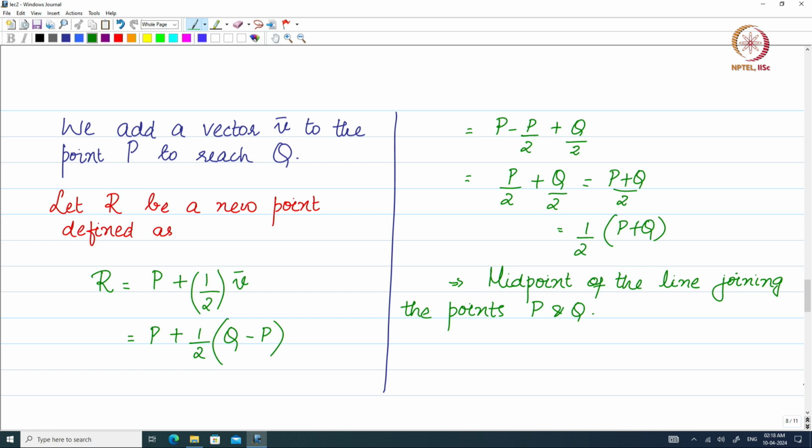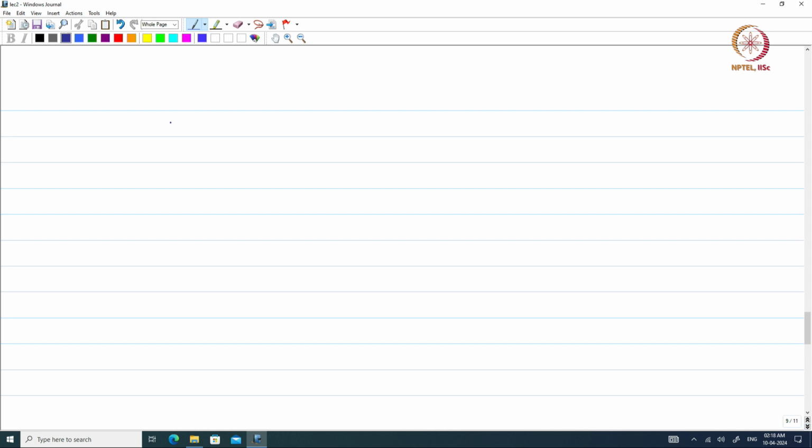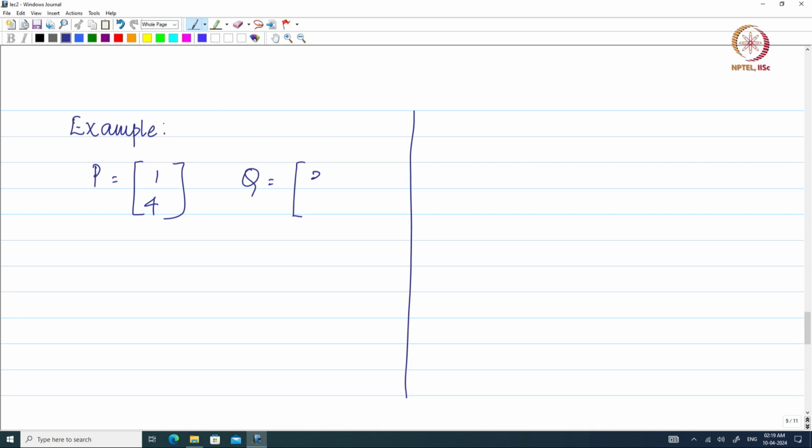For example, let us take an example. Suppose I take P as the point 1, 4, and let me take the point Q, which is 3, 6.